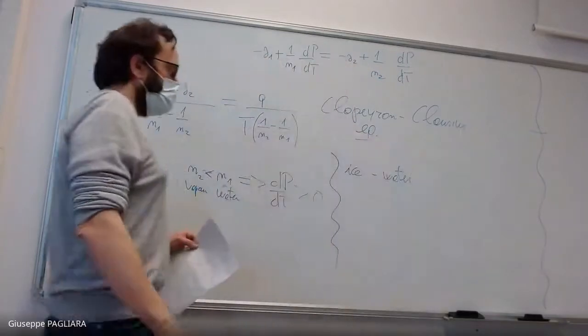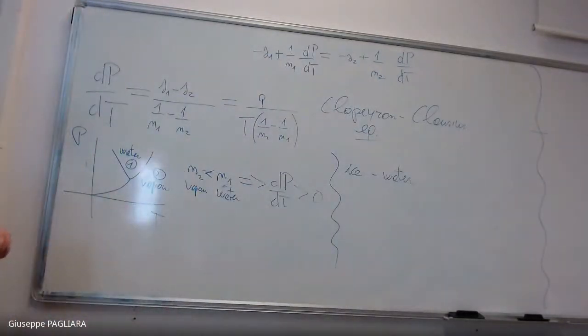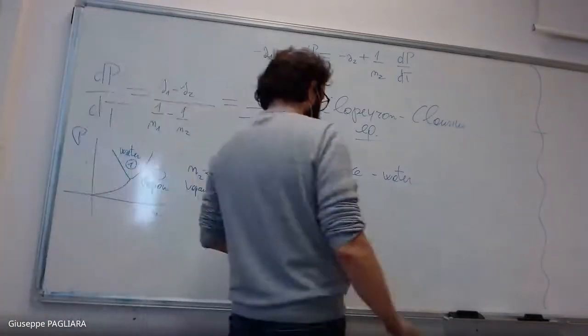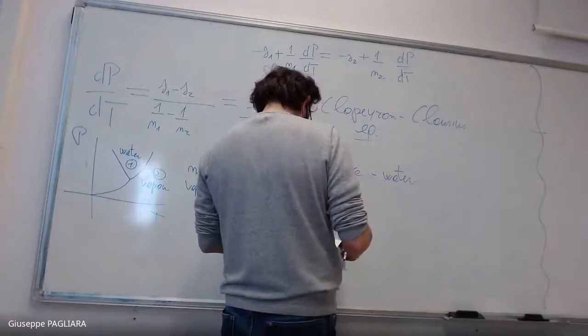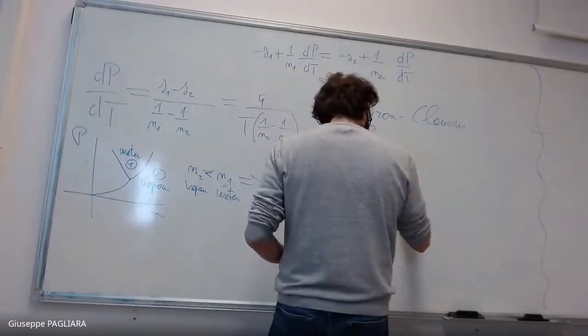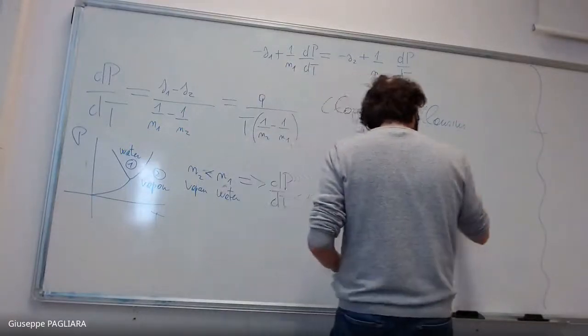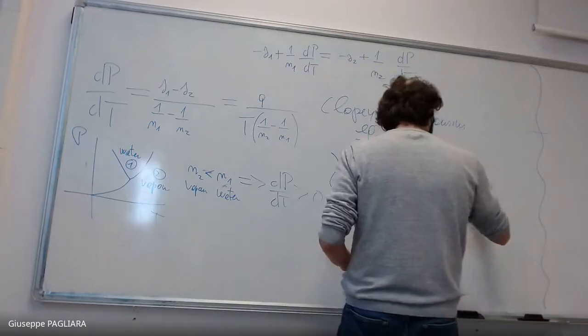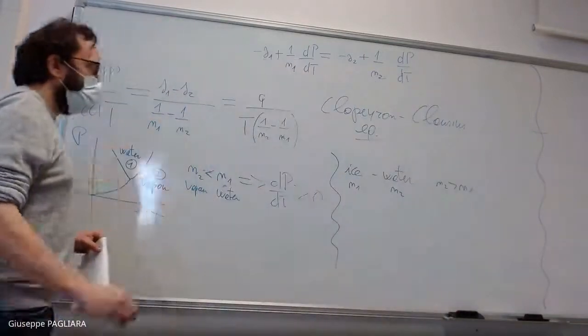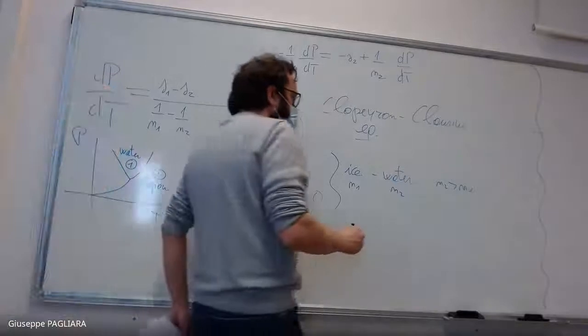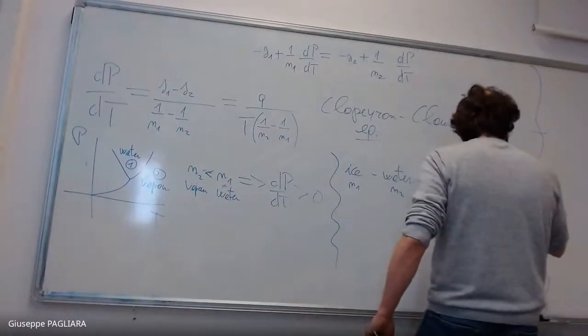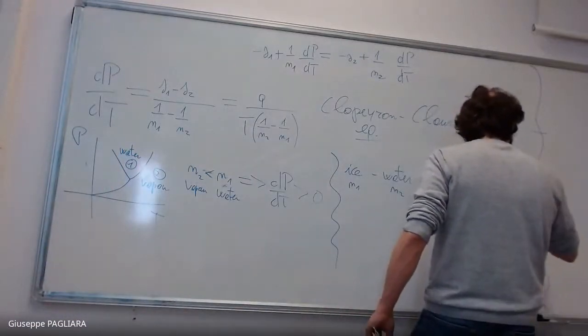Now, for ice and water, it's just the opposite in the sense that water has a density larger than ice. So N2 now, and this is N1, and N2 is larger than N1. If N2 is larger than N1, that means that the derivative of pressure with respect to temperature is negative.